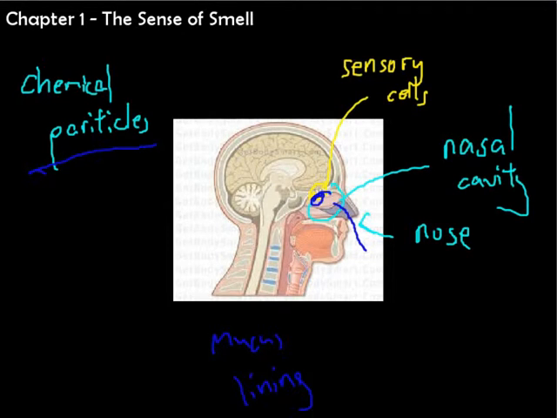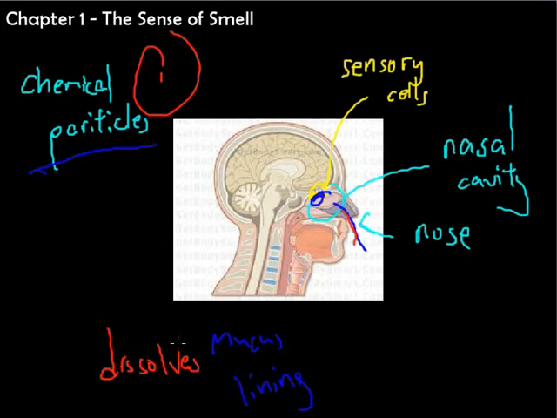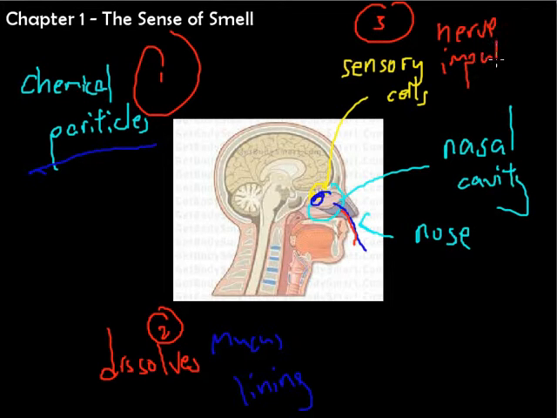So the whole pathway is: chemical particles go through your nose, that's step one. It dissolves at the mucus lining, step two, and then it reaches your sensory cells, which generate nerve impulses to your brain, and your brain will tell you what smell it is.